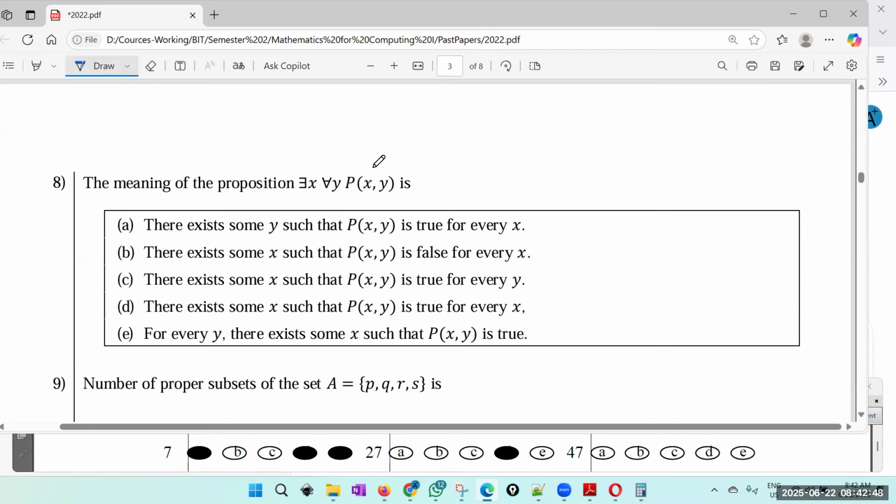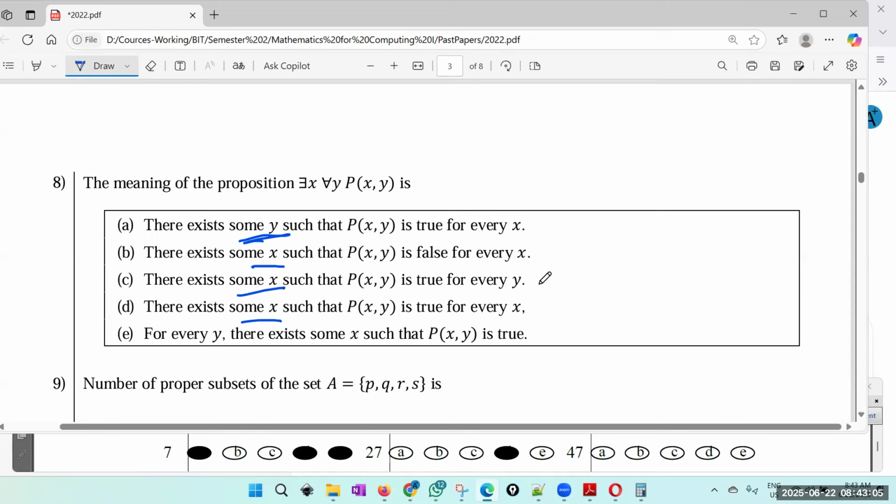Now let's read it. There exists some x such that P(x,y) is false for every x. No, P(x,y) must be true for all y.